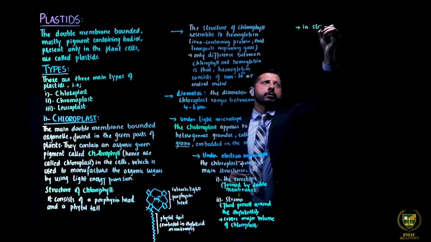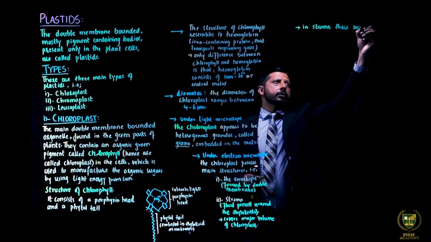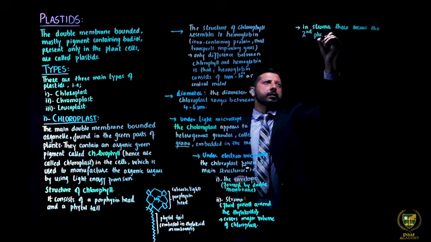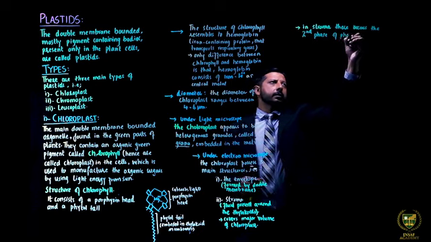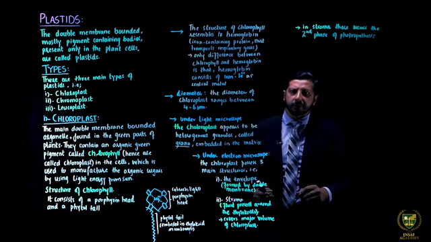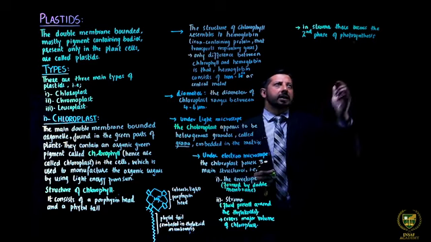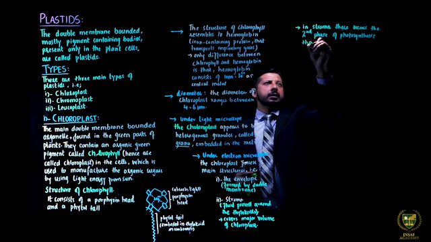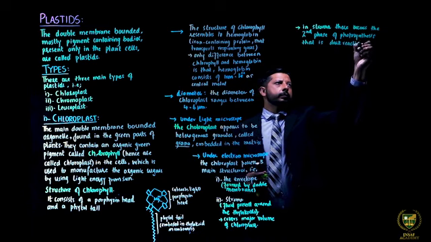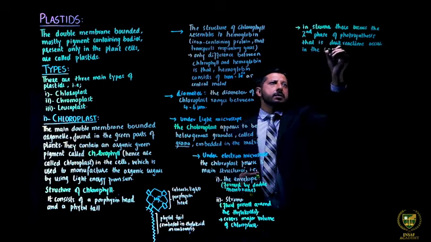Now in stroma, there occurs the second phase of photosynthesis. और डियर स्टूडेंट्स, इतना आइडिया ज़रूर होगा आपको कि फोटोसिंथेसिस दो फेजेस में होती है. द फर्स्ट फेज इज द लाइट रिएक्शंस एंड द सेकंड फेज इज द डार्क रिएक्शंस. तो सेकंड फेज, that is the dark reactions occur in the stroma.